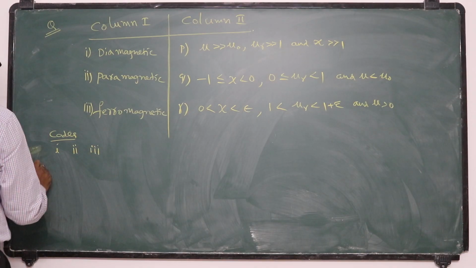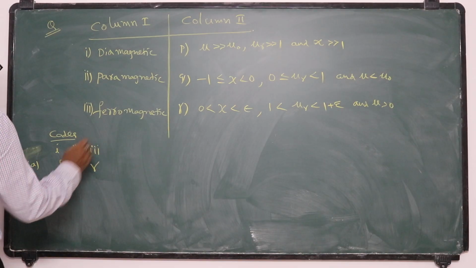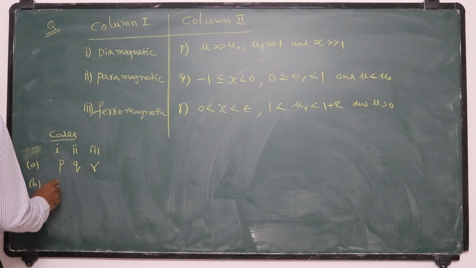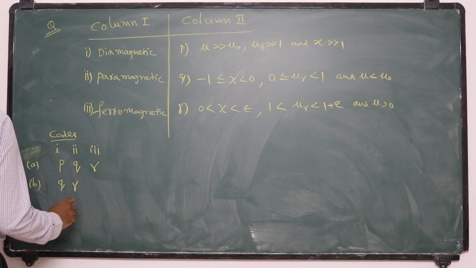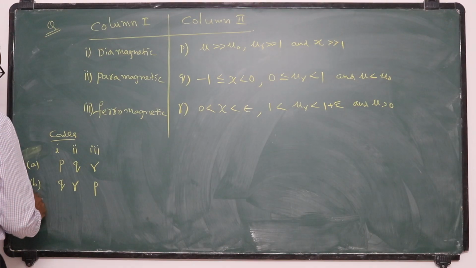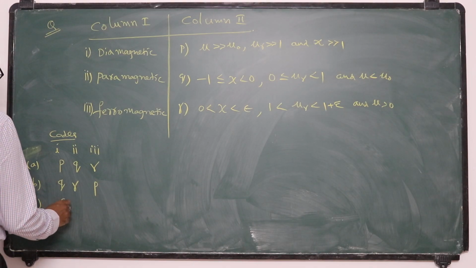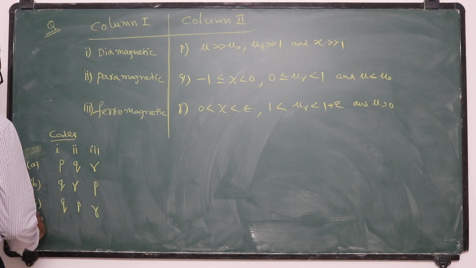For A, the options are P, Q, R. For B, the options are Q, R and P. For C, the options are Q, P, small r.